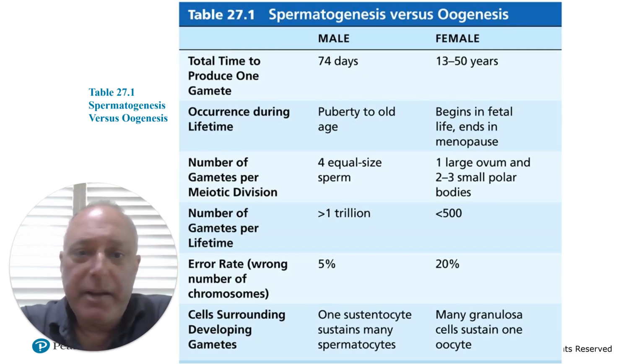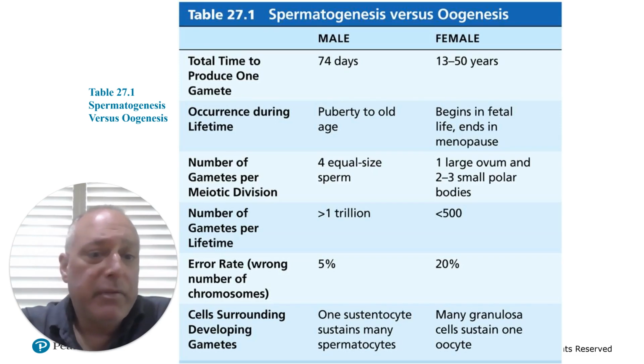So the occurrence during the lifetime, the males produce sperm from puberty to old age, depending on their levels of testosterone. The females will begin oogenesis at birth and then end oogenesis at menopause. The number of gametes per division for the male is four spermatids per spermatozoon, really.